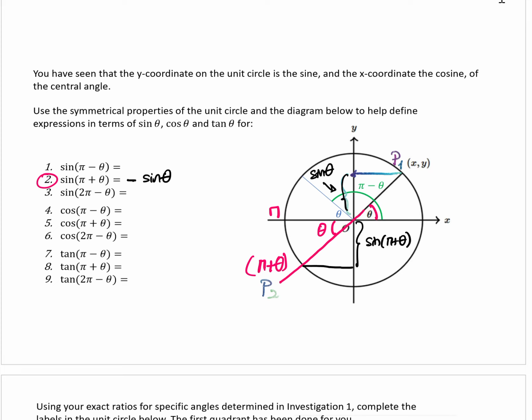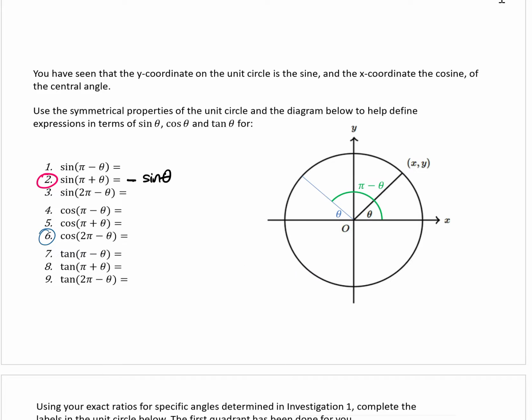So let's just pick up one more. Let's just say number 6. And let's clear up all the drawing here. You can always pause the video and go back and look at it again. The angle that I'm working with is 2 pi minus theta. So I'm going to consider that I'm doing a full circle to go to 2 pi, but then from the full circle, I'm taking away the angle theta.